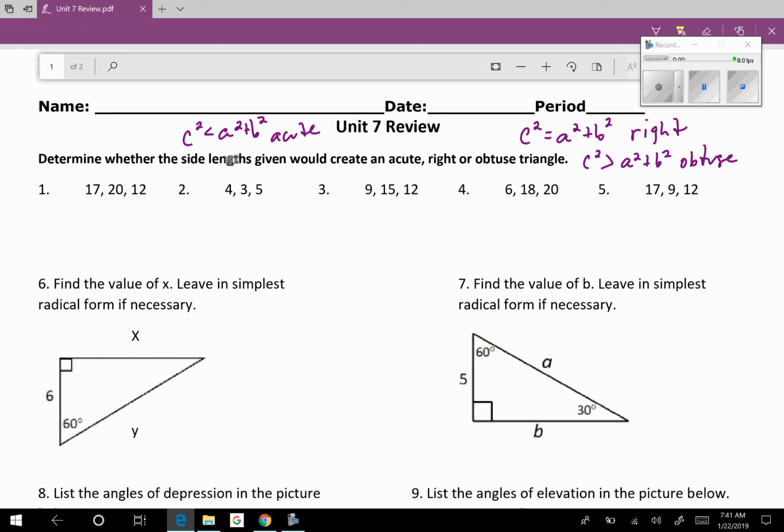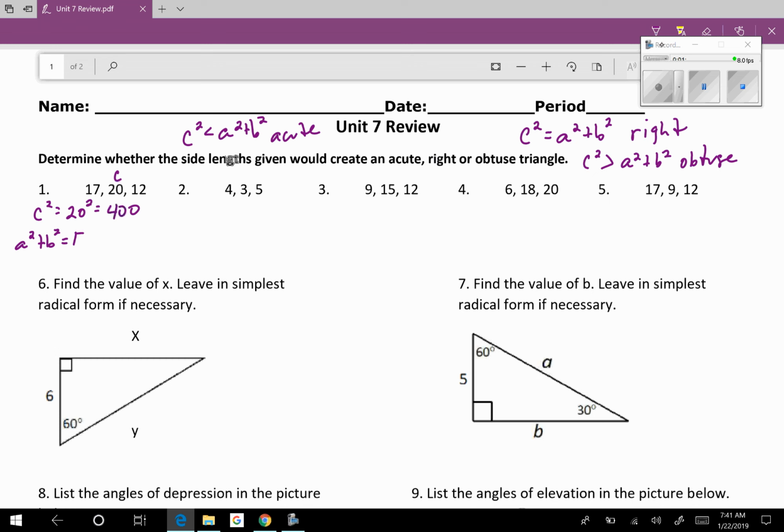So the first one here, we have 17, 20, and 12. Your longest one is always c, so 20 is our c. So c squared is 20 squared, which is 400. And then we're going to do a squared plus b squared.